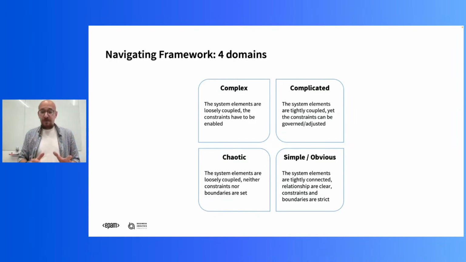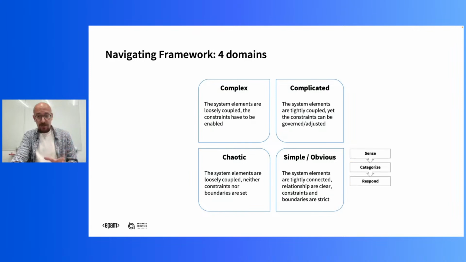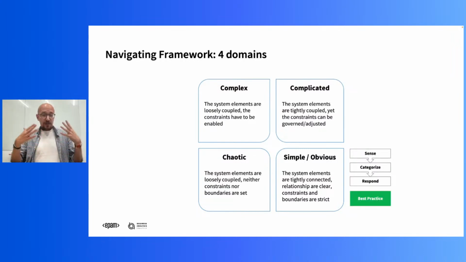So, the next important thing here is to understand that each domain has a different approach for tackling its problems. When we are talking about the simple domain, it's pretty much straightforward. We sense the problem, we categorize it, or we find the known solution for it, and we apply it. Hence, it's called best practice, right? Because we know which practices may cause the desired effect, right?